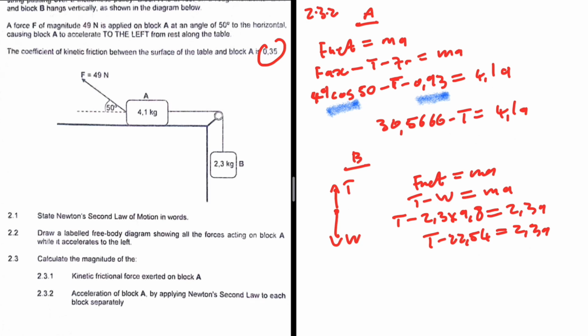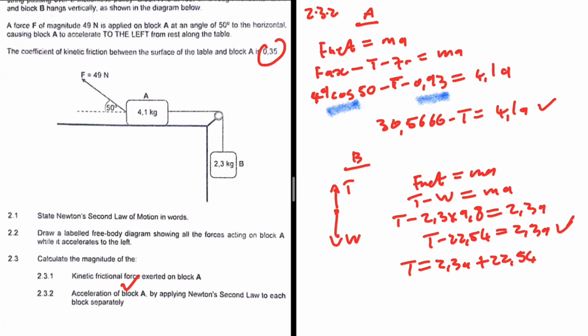What do I want to calculate? I want to calculate the acceleration. So I can make the tension the subject of the formula in this equation and then substitute into the first equation. Or I can just add the two equations. But in this case, I think it is easier if I make tension the subject. So T is going to equal 2.3a plus 22.54. Even if you add the two equations, it would still be fine.